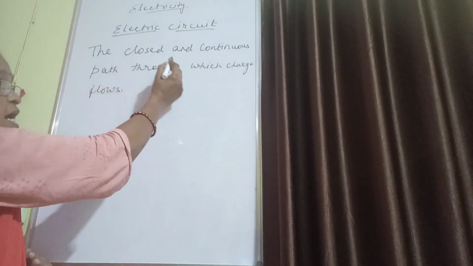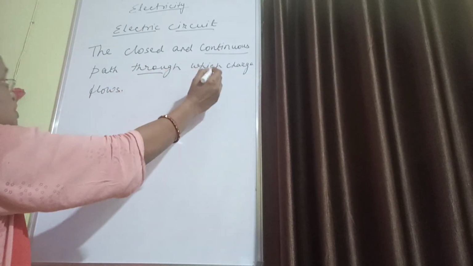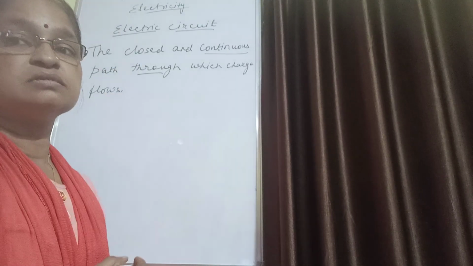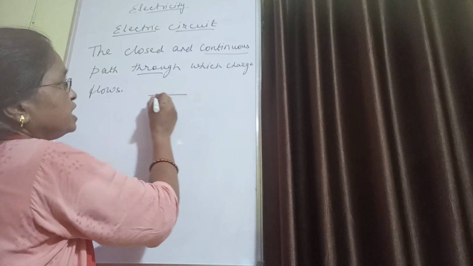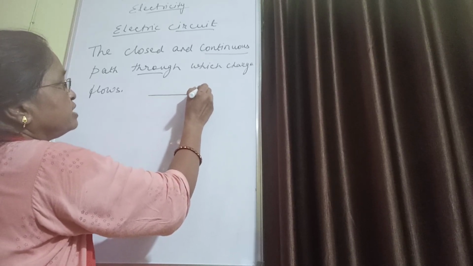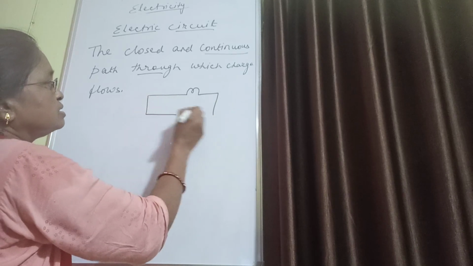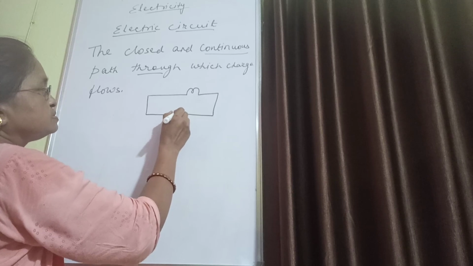The closed and continuous path through which charge can flow is known as an electric circuit. For example, simply I am showing you, suppose we are connecting a bulb with wire and we have taken simply one cell.